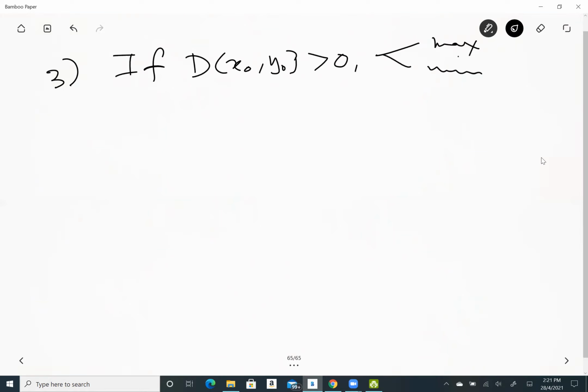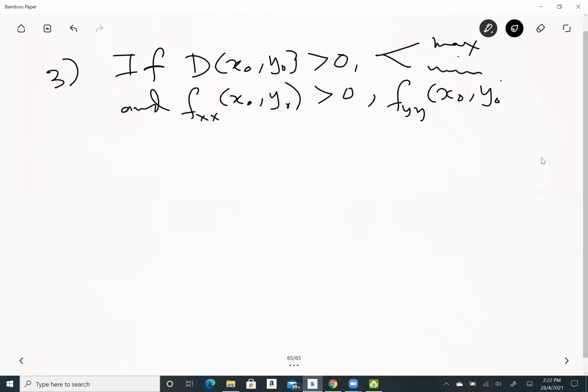If D is bigger than 0 at x0, y0, we also have to look at the value of fxx at x0, y0. If fxx at x0, y0 is also positive, and fyy at the critical point is positive, then only we can conclude.